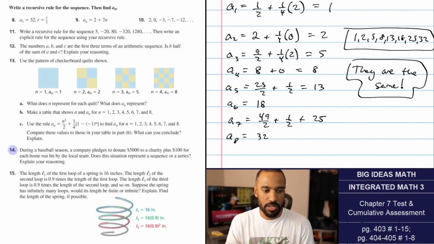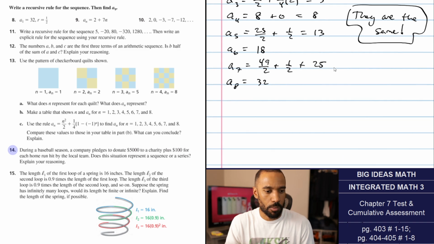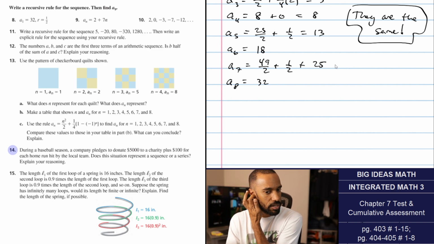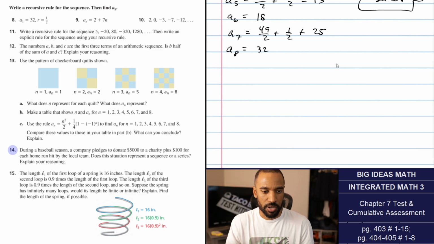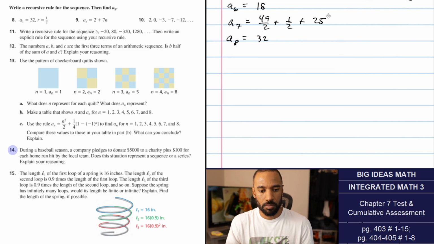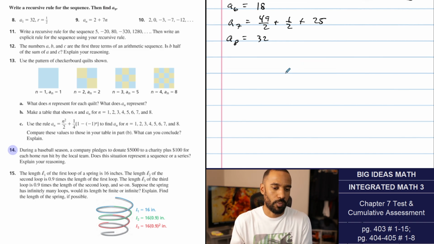During a baseball season, a company pledges to donate $5,000 to charity plus $100 for each home run hit by the local team. Does the situation represent a sequence or a series? Explain your reasoning. If you're adding 100, wait.